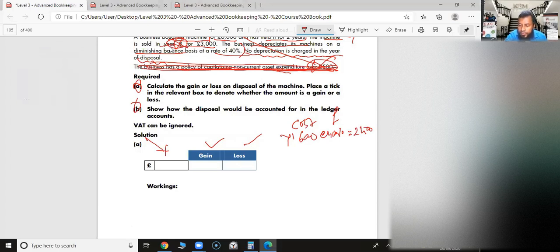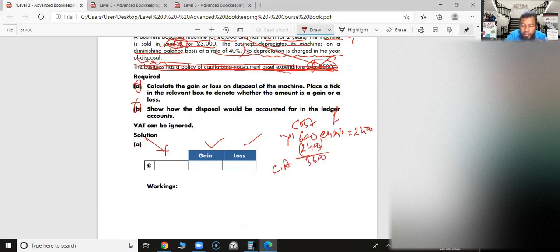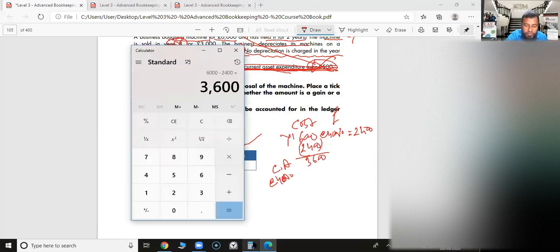So 6,000 minus 2,400. I get my carrying amount at the end of year one: 3,600. And then I've got to do 40% again, don't I? Again 40% on that figure, I got 1,440.